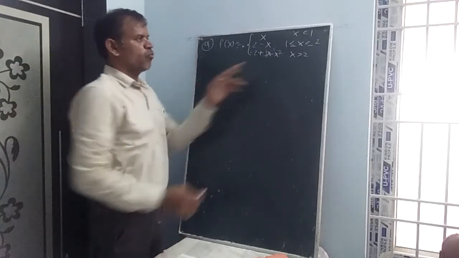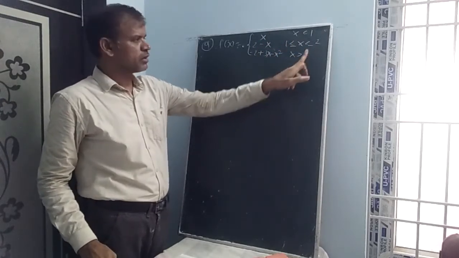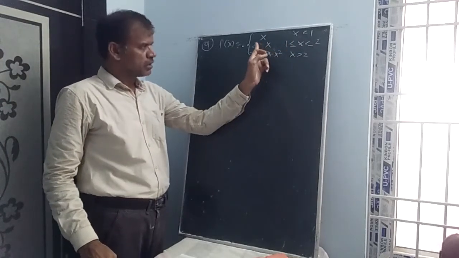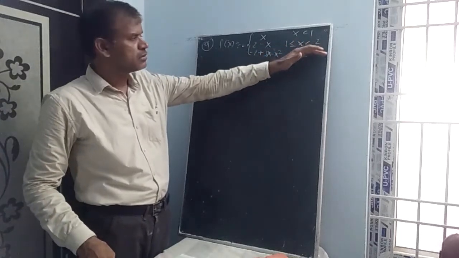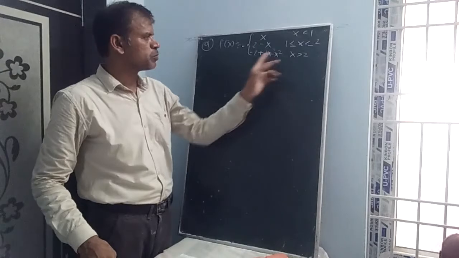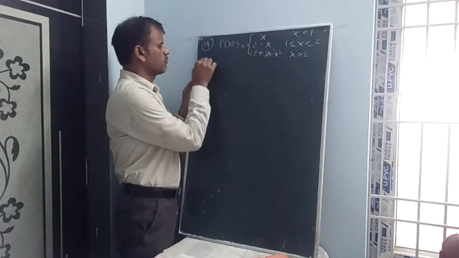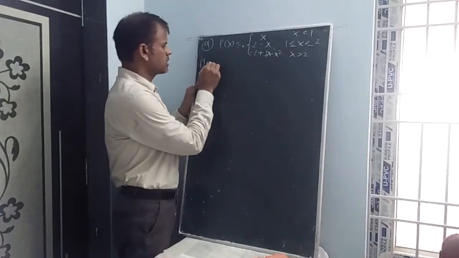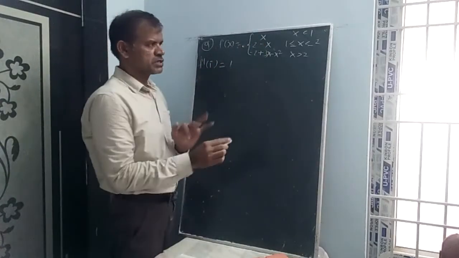Now 1 minus is the left neighborhood of 1, 1 plus the right neighborhood of 1. For 2 minus we should calculate 2 minus x, and for 2 plus we should calculate minus 2 plus 3x minus x square. Now, f dash of 1 minus: directly, derivative of x is 1.